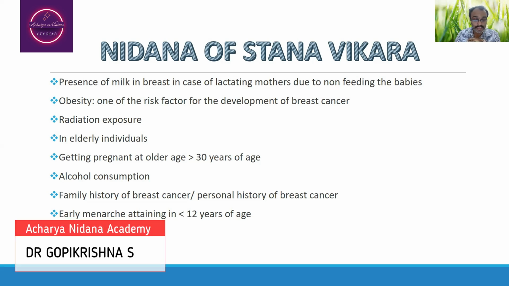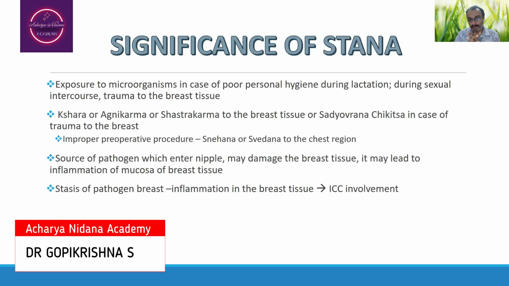Family history of breast cancer or personal history of previous breast cancer may be leading to breast disorders as such, and early menarche. So if the girl is getting the menarche at less than 12 years of age, then that may lead to the stana vikara.